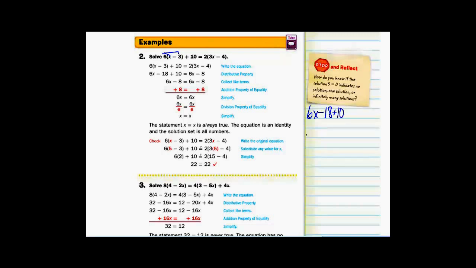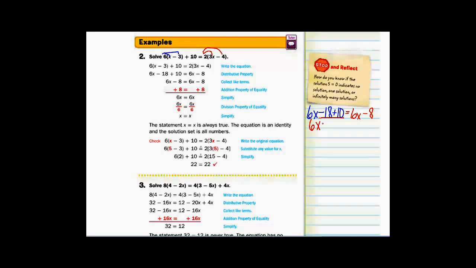Okay, other side. I've got 2 times 3x, which is 6x, and a 2 times a negative 4, negative 8. All right, so notice on this side, I've got two plain numbers. I'm going to go ahead and combine those two together. So my 6x I will bring down.